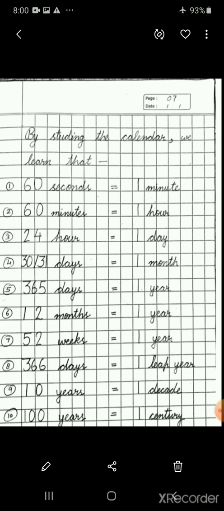Now you will have to write about the calendar, days, minutes, seconds, everything. You will write very clearly.